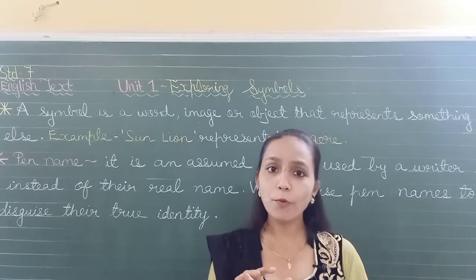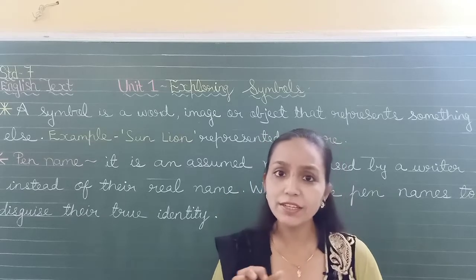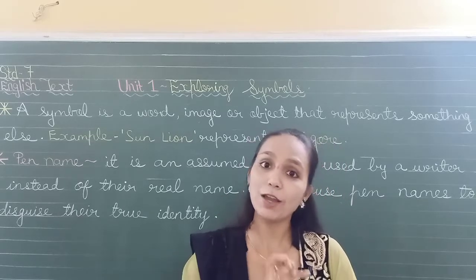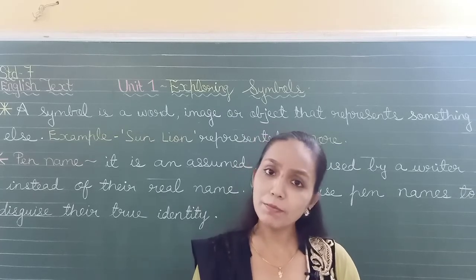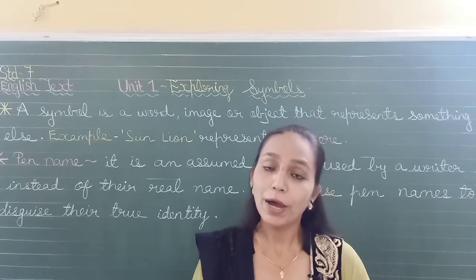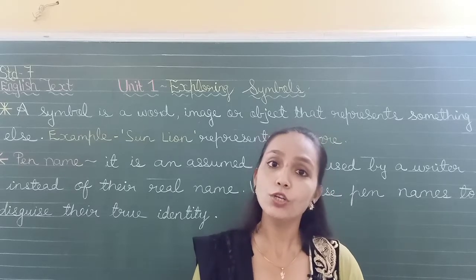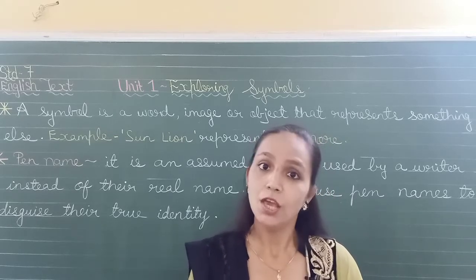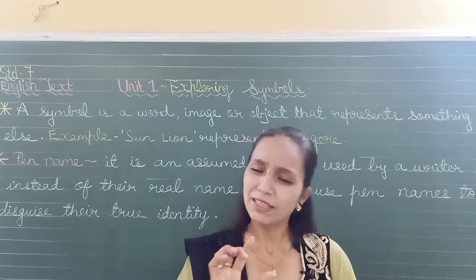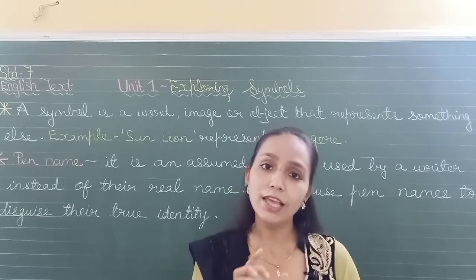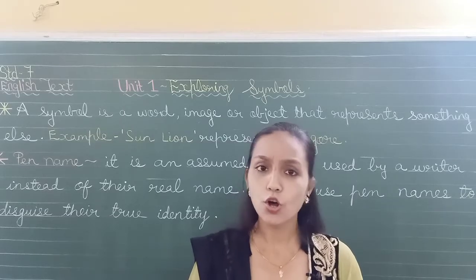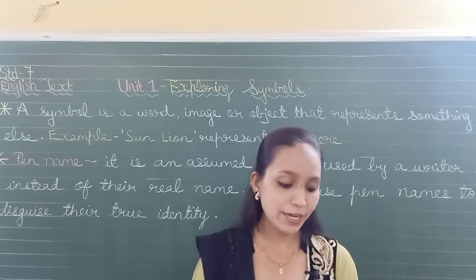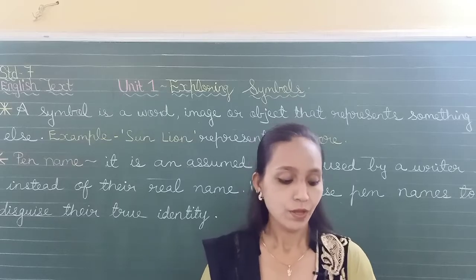So at the end of the poem, you will not see Rabindranath Tagore written, but you will see Bhanu Singha, his pen name. Actually, the poem is written by Rabindranath Tagore, but because he does not want to reveal his true identity, he will write Bhanu Singha. But that was only for a short period. Then Rabindranath Tagore started writing his real name. So you also have to choose a pen name for yourself.